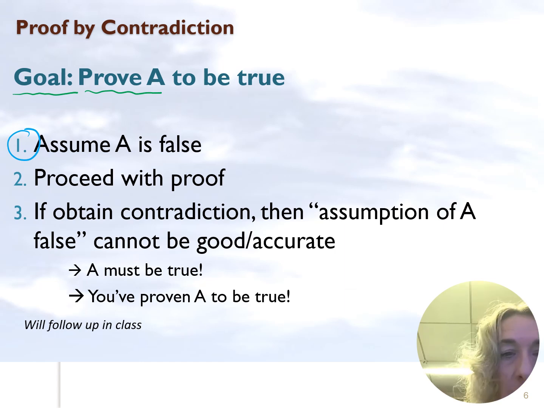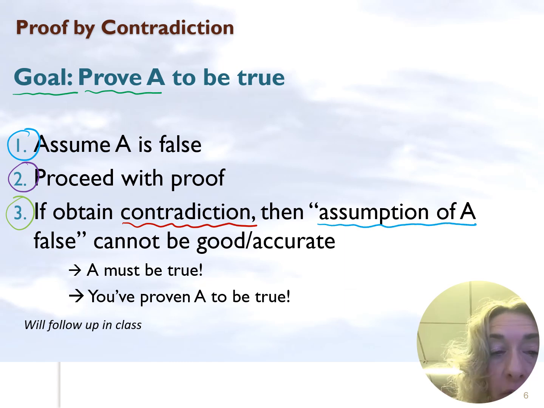You then proceed with the steps of your proof. If during your proof you obtain a contradiction of some sort, then that means that initial assumption of A false, which we made at step 1, cannot be a good or accurate assumption.